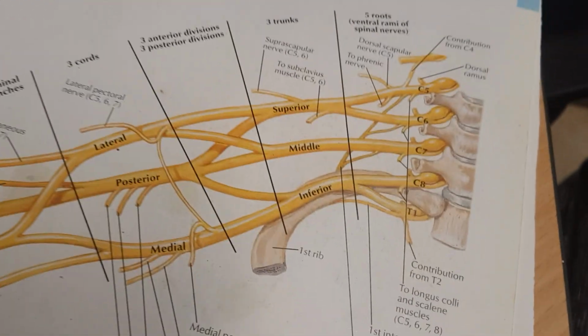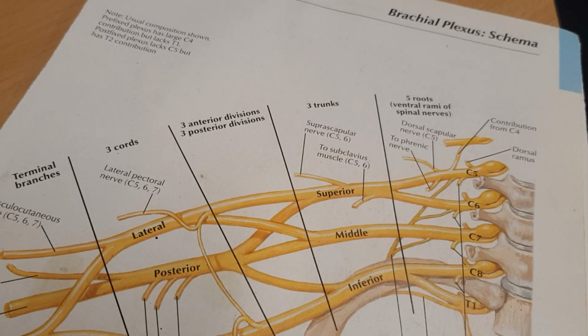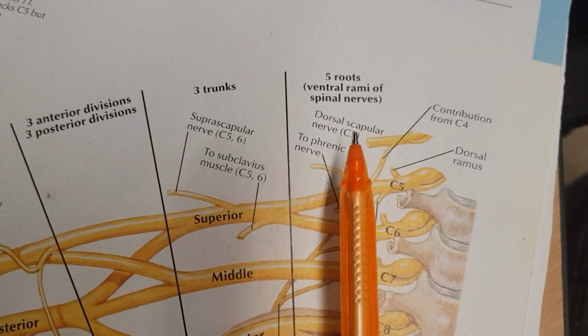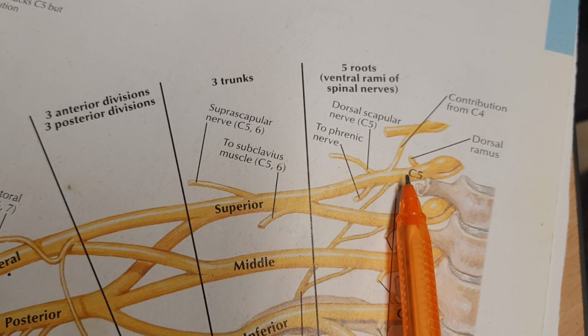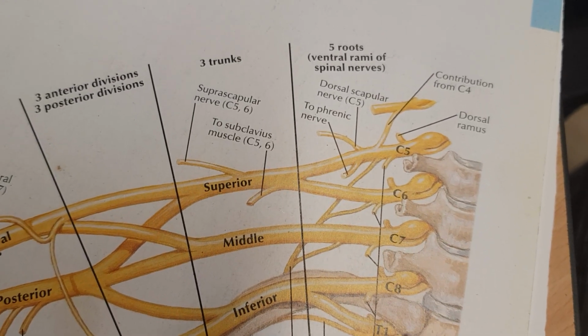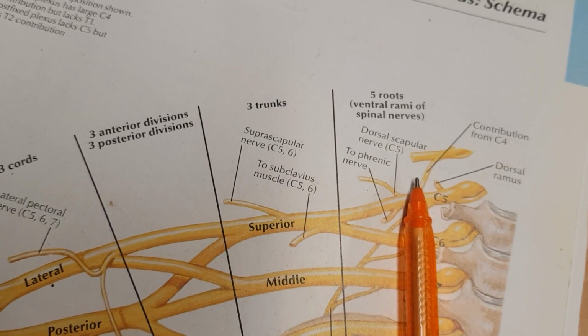So the brachial plexus is divided into 5 parts. Part number 1 we call the roots. We have 5 roots: C5, C6, C7, C8, and T1. These 5 roots make the roots of the brachial plexus.